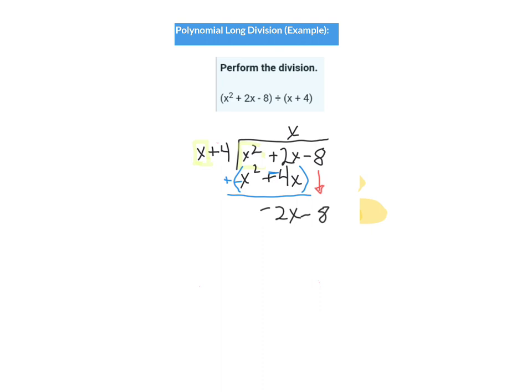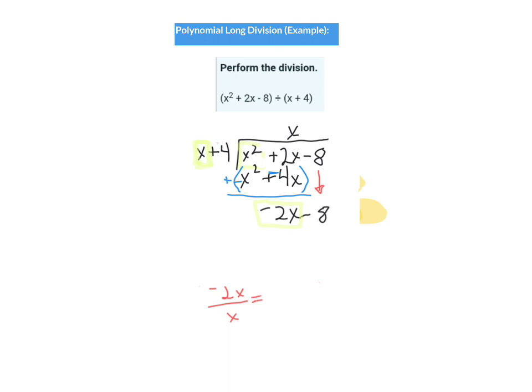Okay, once you bring down that next term, we need to start all over again, where we will consider the x in our divisor and the first term of this last line of our algorithm, negative 2x. So the side work, or the scratch work, looks like this. x goes into negative 2x, or negative 2x divided by x.